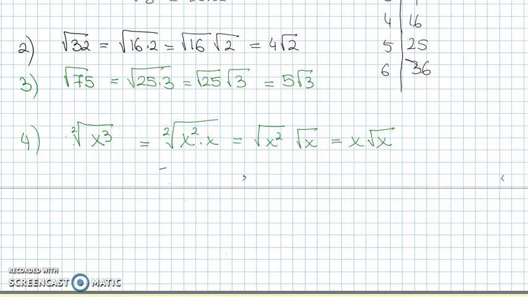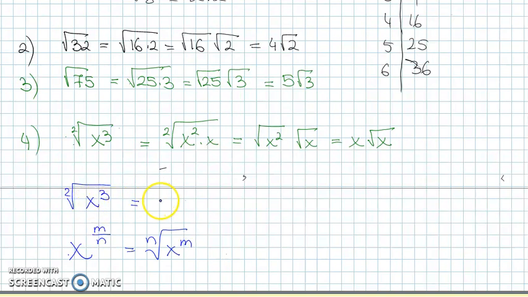Or the other way that you can do this is, if I have square root of x cubed, you can apply the rule of writing the rational exponents and radicals. Okay, here is the rule on the side.